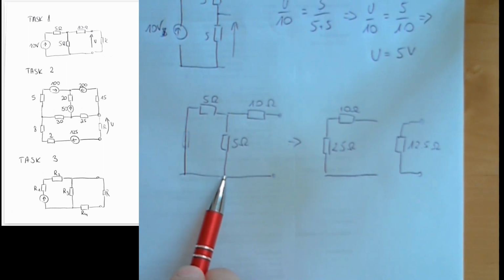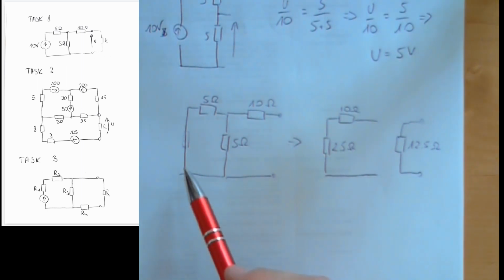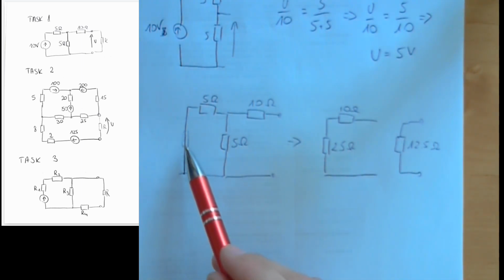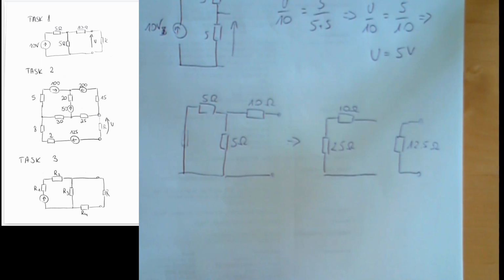So what we did, we made an assumption that all voltage sources are changed to short circuit. Okay, so we just put a wire instead of the voltage source. If we would have more voltage sources, of course, all of them would change to the wire.